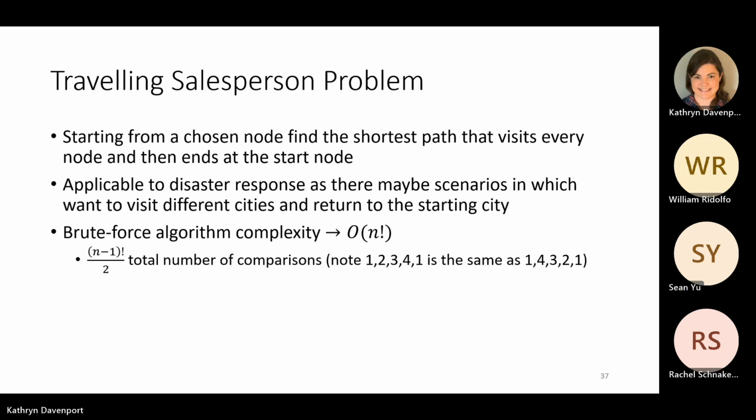And if you consider a brute force algorithm, it will have a factorial complexity, and it's pretty simple to see, because for a given n number of cities, if you start from one city, you'll have n-1 combinations, but then the reverse tour is the same, so that's why it's just n-1 factorial divided by 2.